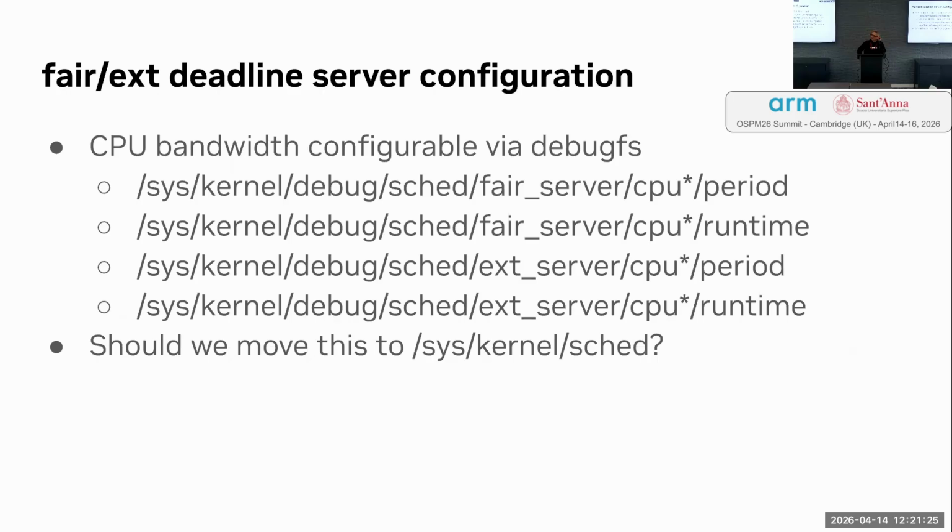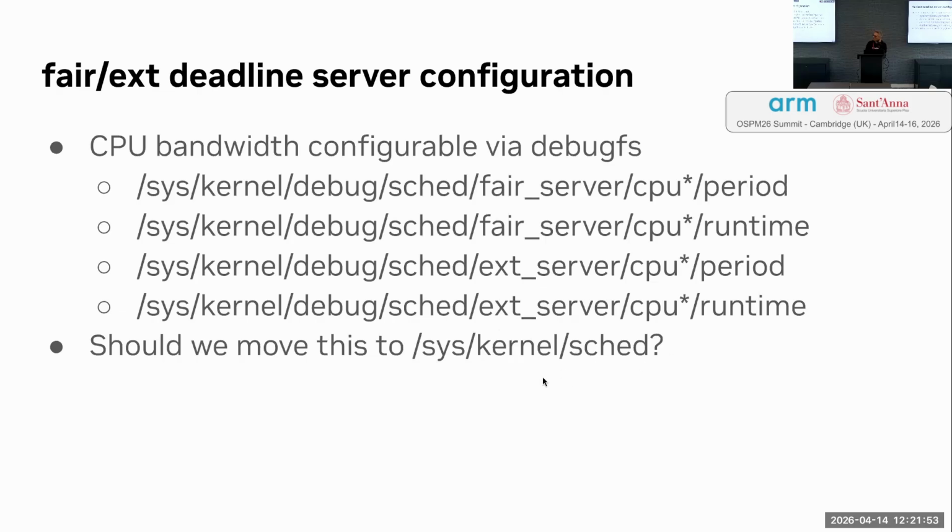Instead, one thing that I would like to hear your opinion on here in the audience. The interface that we have to configure the bandwidth is via debugfs, which is not the best. So the idea was, do you have any concern about moving this stuff into sys/kernel/sched_ext?